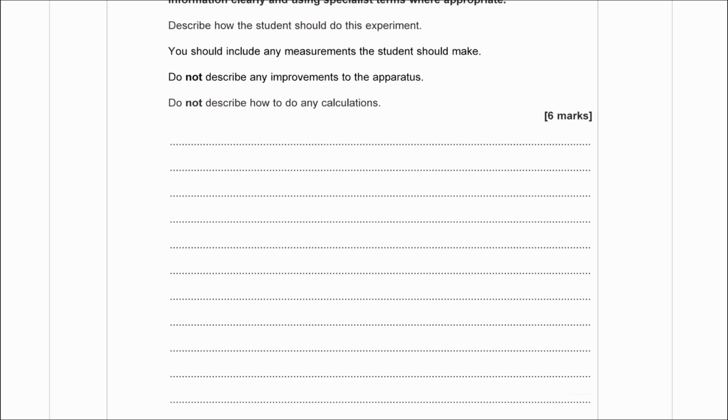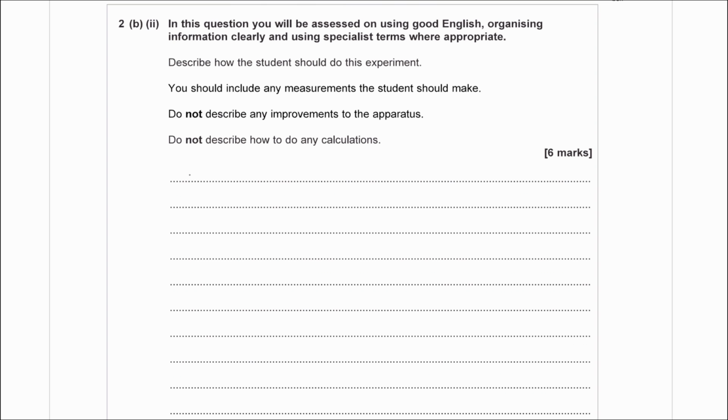So, the first thing that we are going to do is measure the mass of water, H2O. Okay, measure the mass of the water. We're also going to measure the initial mass of alcohol.